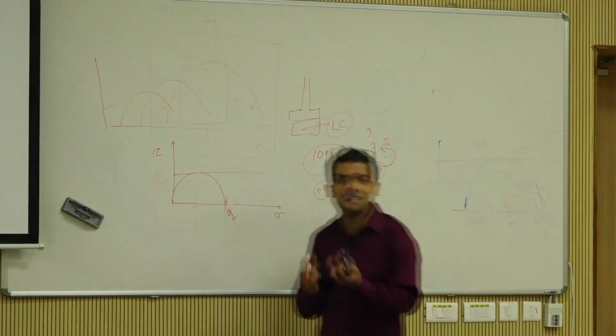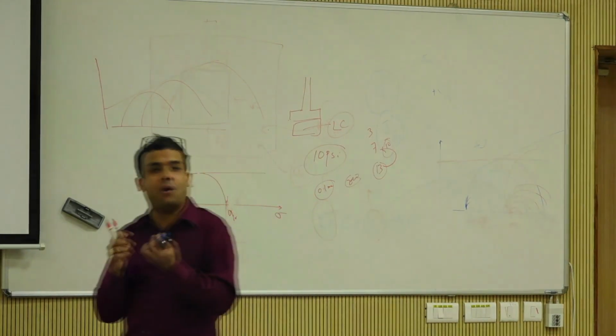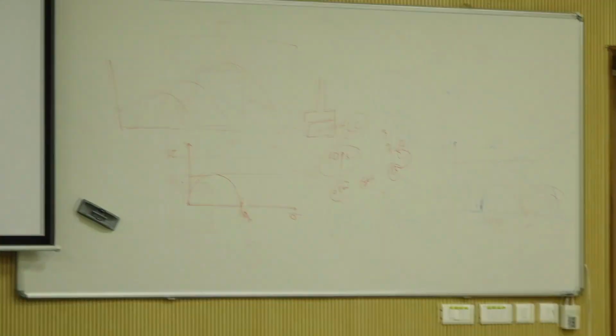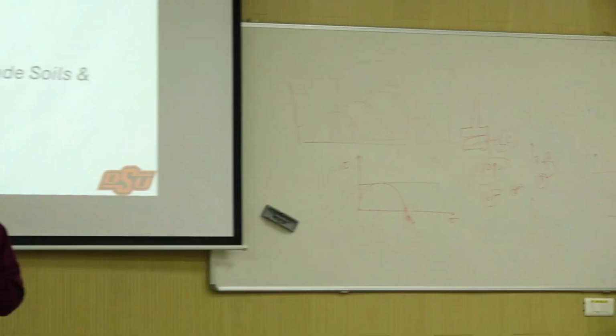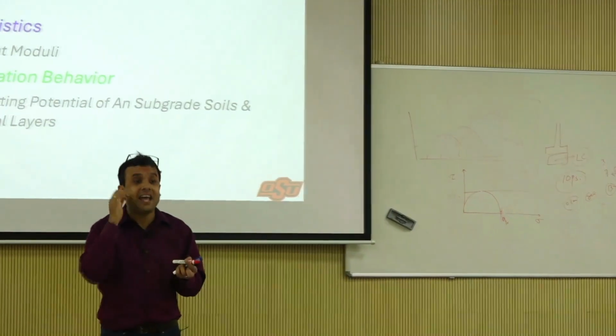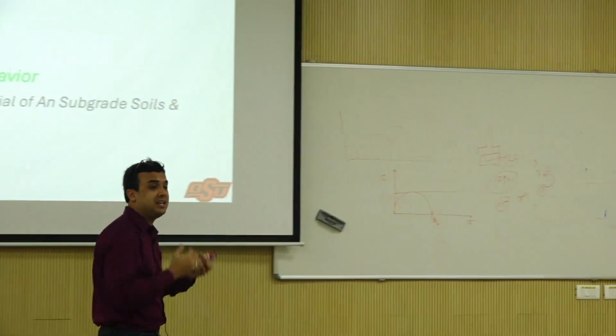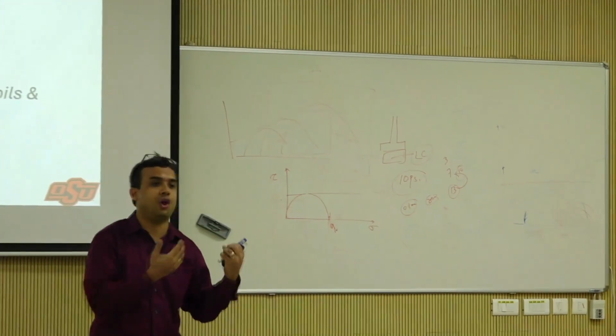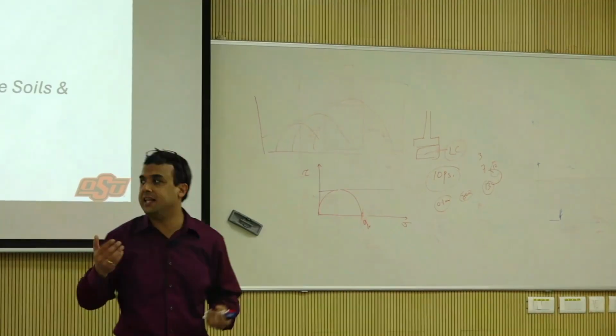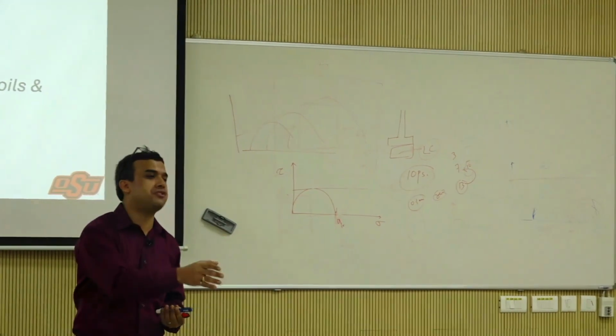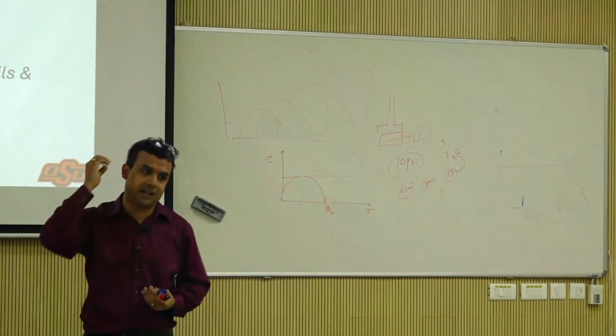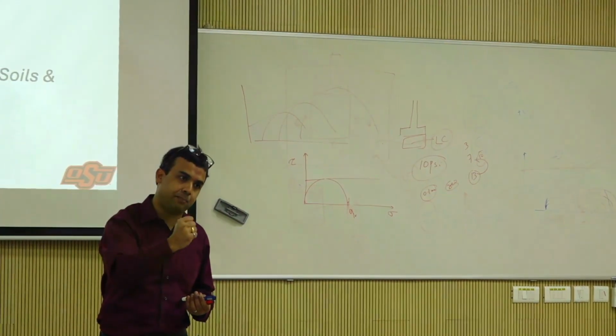So a machine doesn't know anything other than applying deformation, right? But the test can be, a triaxial test is deformation controlled or strain controlled. You say that I'm going to apply 1% strain per minute, and then I will just keep pushing this sample.